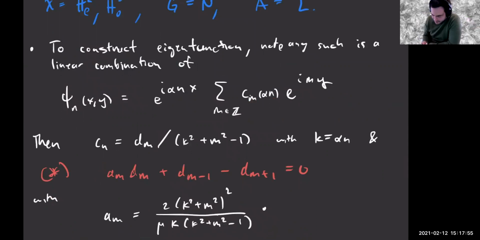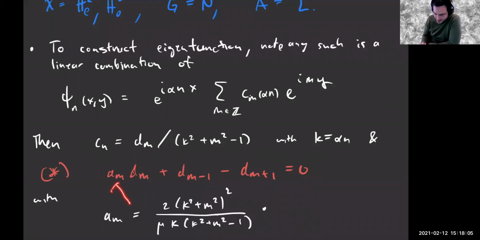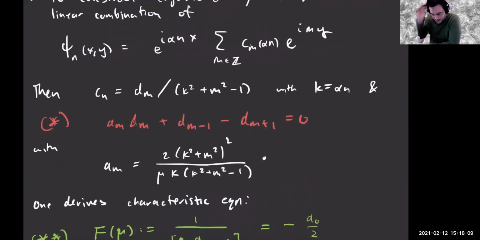In particular, it's related to something called d by this factor, but then d satisfies this very nice non-constant coefficient recursion relation. So am is given here as a function of m, and k is alpha times n. I just want to give you the general idea of what goes into it.